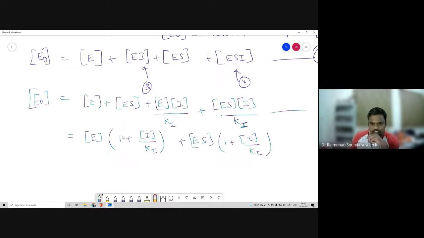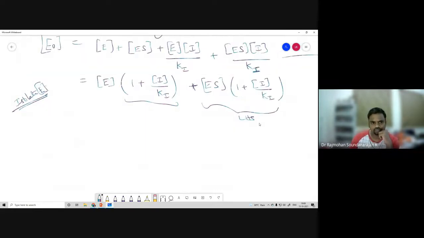Okay, so can we take this ES term to the left hand side? What we want to do is isolate E. We want to write what is E. So for that I will take this term to the left hand side, to the denominator, and I will get E, right? So please do that.